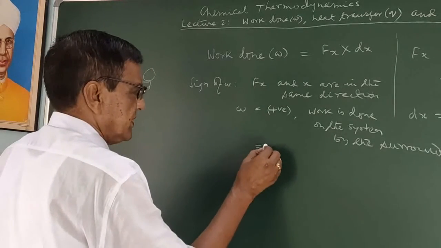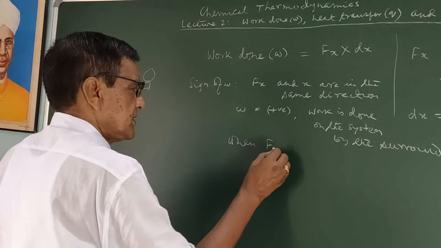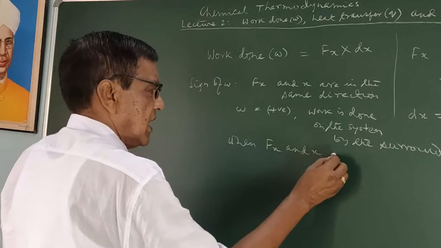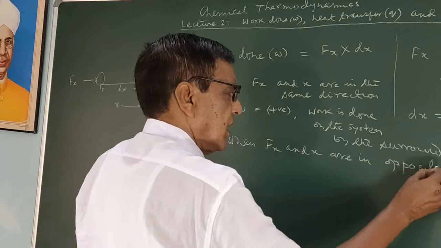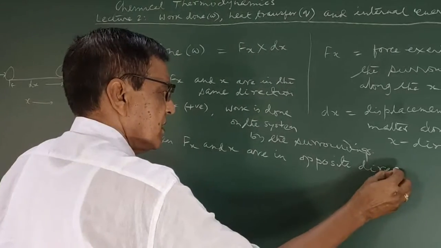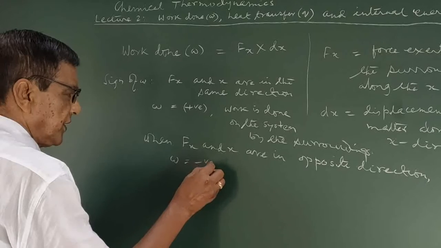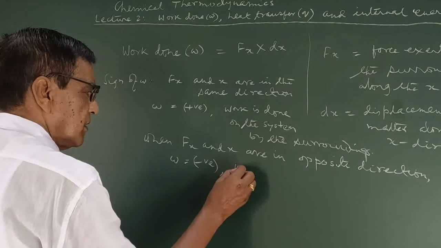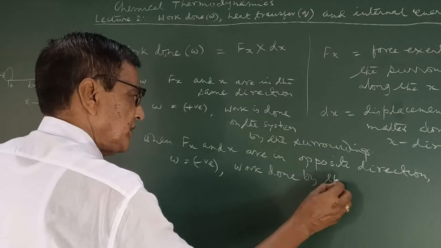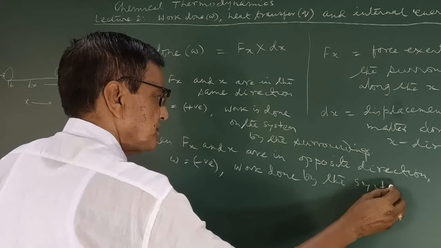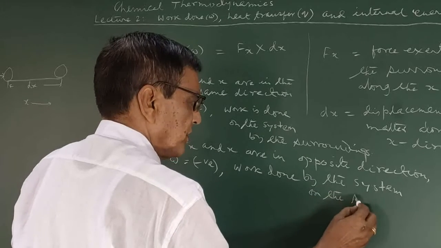And when Fx and x are in opposite directions, W is negative. It means work is done by the system on the surroundings.